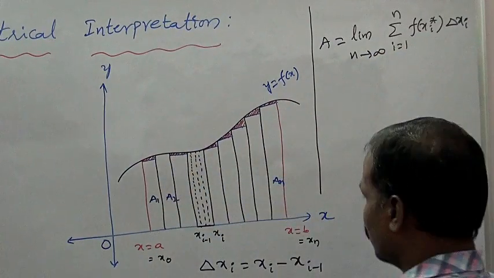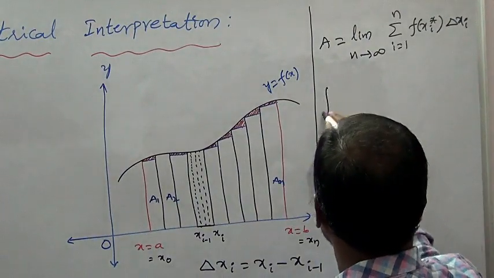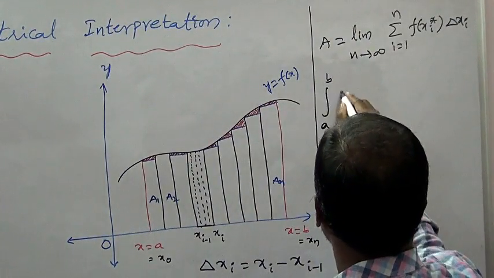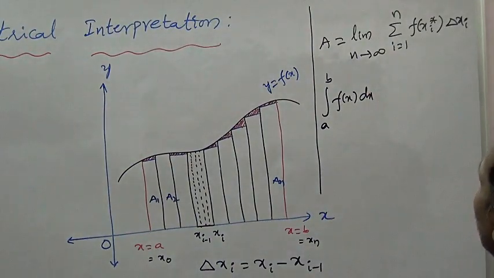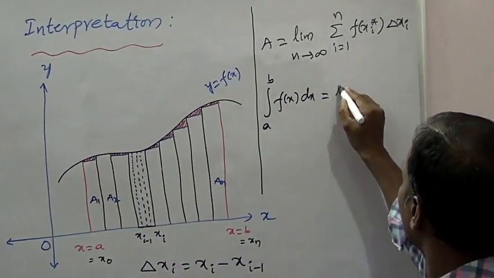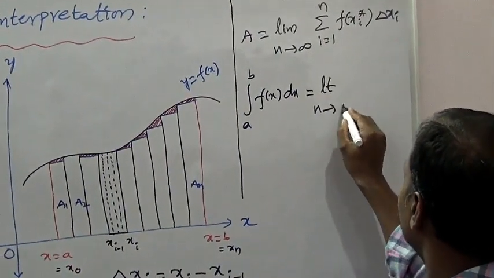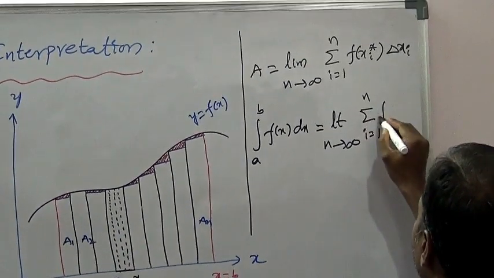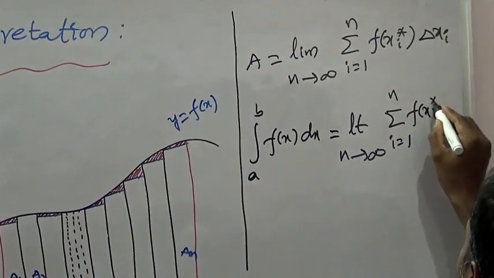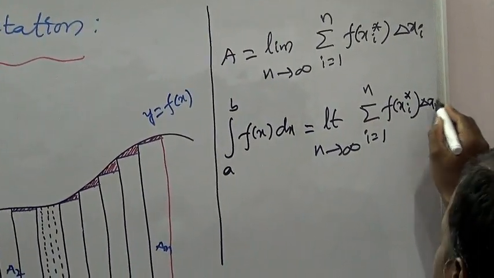So this is nothing but the integral from a to b of f of x dx, which equals the limit as n tends to infinity of the summation from i equal to 1 to n of f of xi star into delta xi.